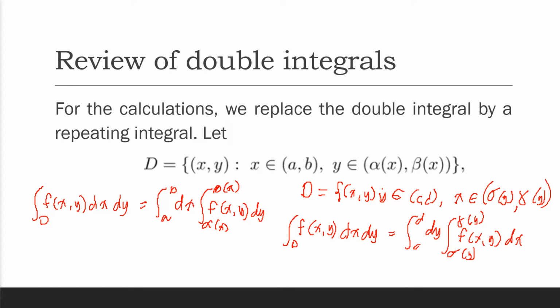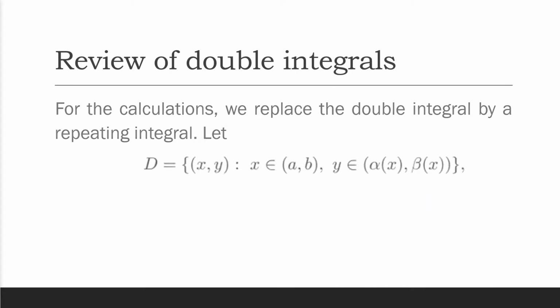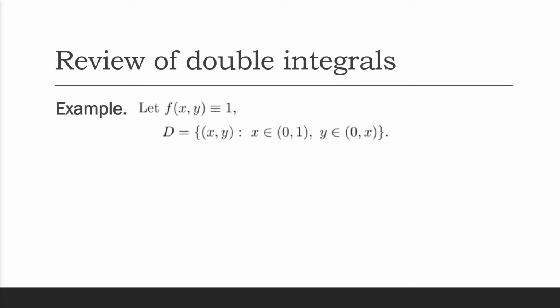So let's have an example. Let f of xy be equal to 1. Then D would be equal to the set of xy such that x is an element of 0, 1 and y is an element of 0, x.